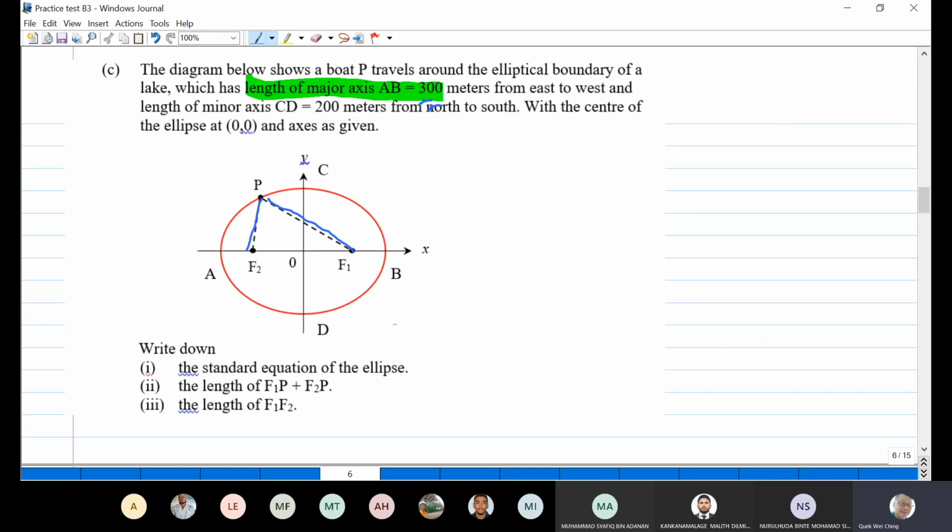What is the length? There's a formula about this: F1P plus F2P.